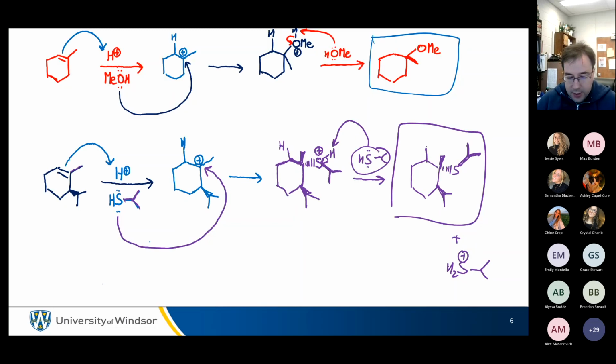I can draw it or not, and it means the same thing. I drew it in initially because I wanted to show where the H is, and that's kind of important. But this means carbon with the hydrogen attached. Actually, it means carbon with two hydrogens attached, one of which I've drawn explicitly. This means the same thing.